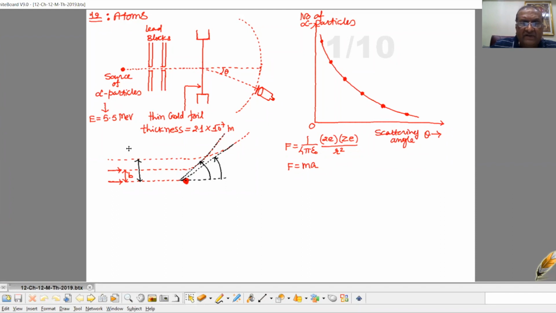See here, this particular figure, this is the atom. Okay, now the impact parameter of the alpha particle for collision is nothing but the perpendicular distance of the initial velocity of the alpha particle with respect to the center of the atom.